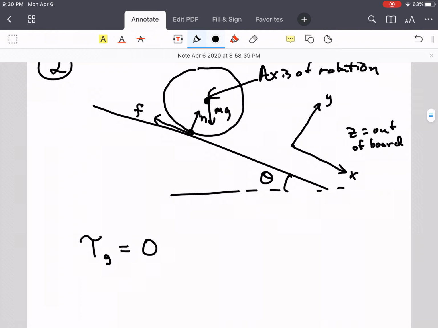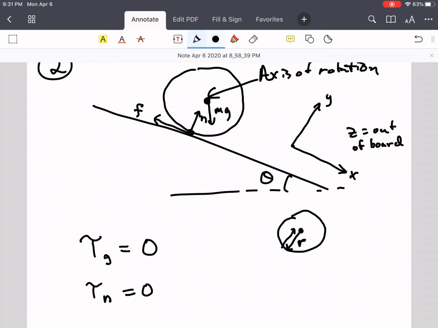What about the normal force? What is the torque caused by the normal force? Here, let's just start by talking about the magnitudes of the torques. So again, the torque caused by the normal force is just going to be zero. And the reason for that, if I draw my circle again here, my radius vector for the normal force is going to go from the center to the point of contact.